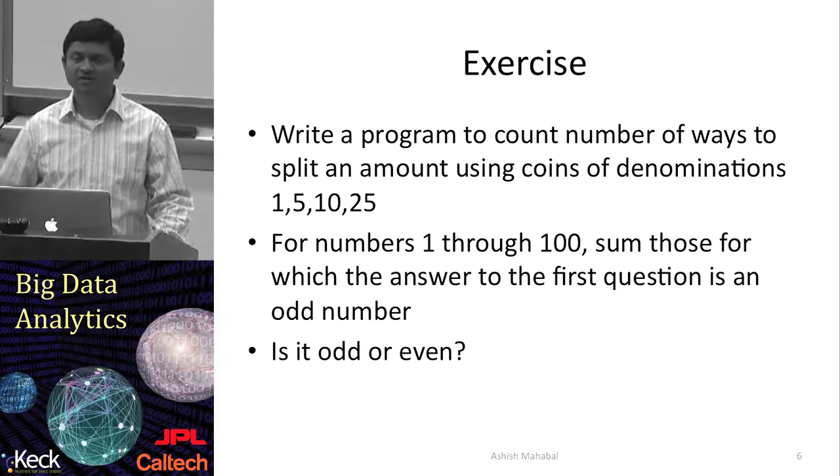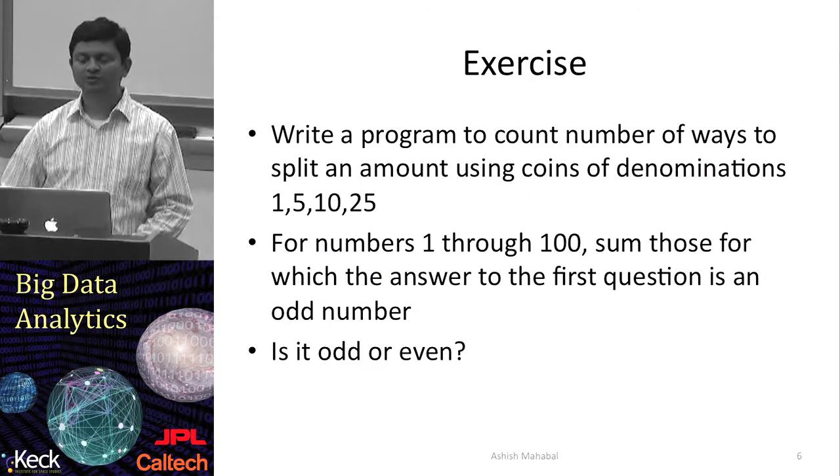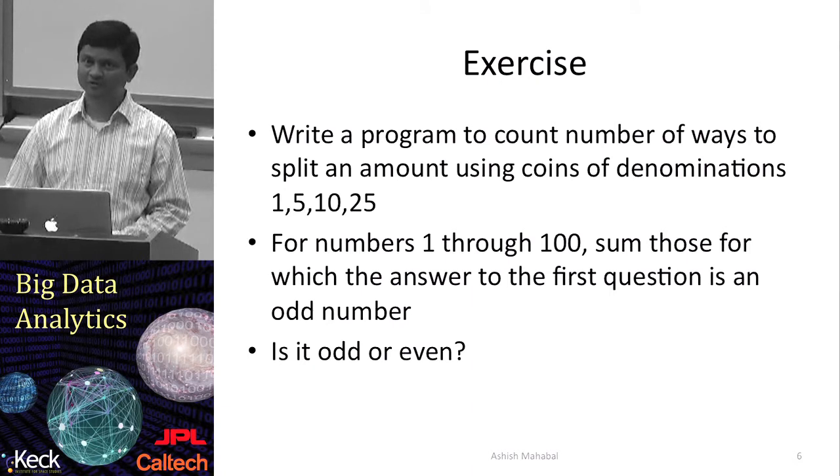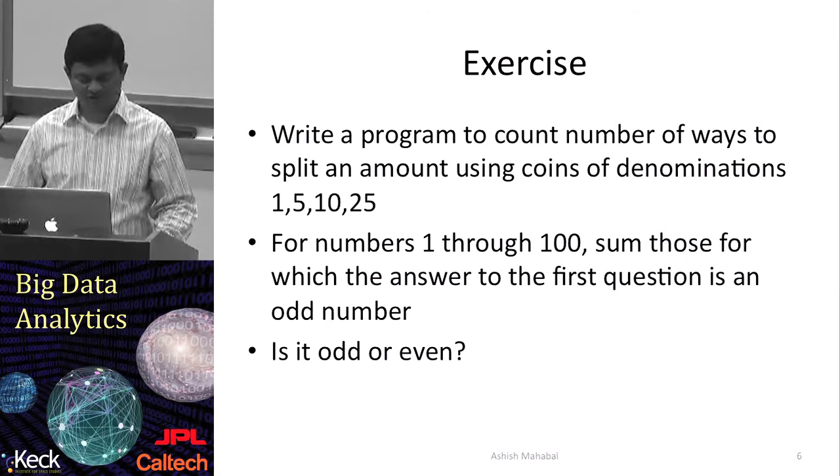If you start with simply a 1, if you are separating a single penny into these 4 denominations, there will be only one way of doing that. 2, 3, 4, again, there will be only one way of doing that. But the moment you come to 5, you can either get 1 coin of 5 or 5 coins of 1. So there are 2 ways. And then as you go to higher numbers, there will be multiple ways of doing that.